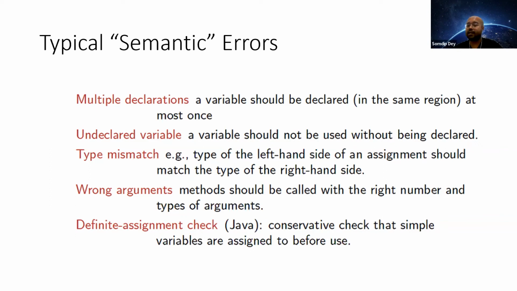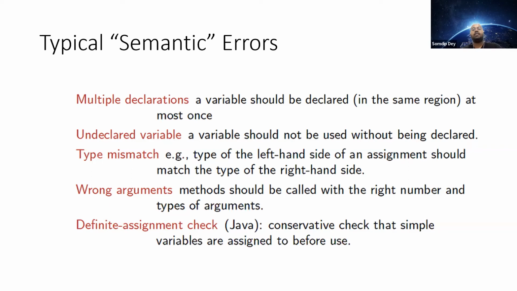Other typical semantic errors can also consist of, let's say, wrong arguments, where a method should be called with the right number and type of arguments. Another example can be definite assignment check, especially in Java, a conservative check that simple variables are assigned before they are being used, right?